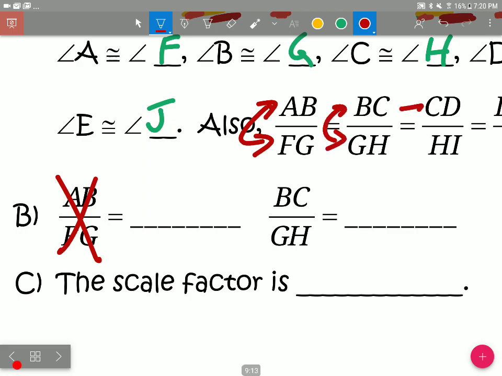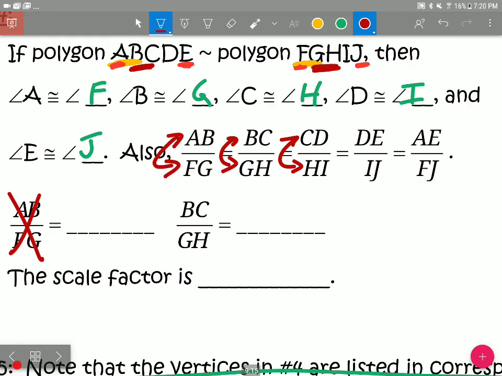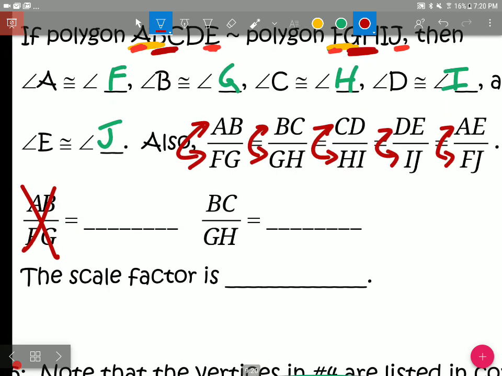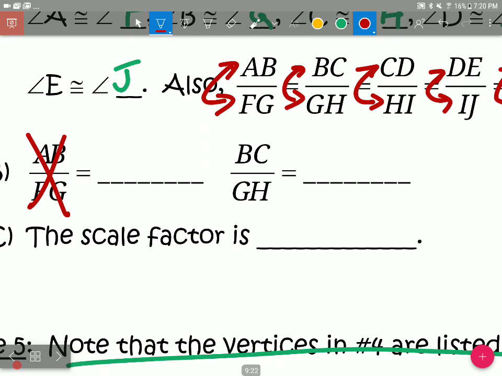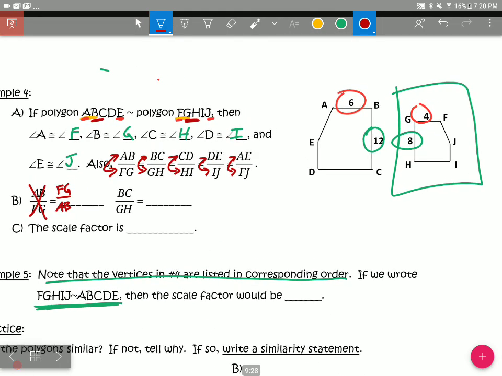You should divide the new one by the old one. So the new one is FG divided by AB. Let's go back here. FG is 4, AB is 6. So that's 4 over 6, which is 2/3.